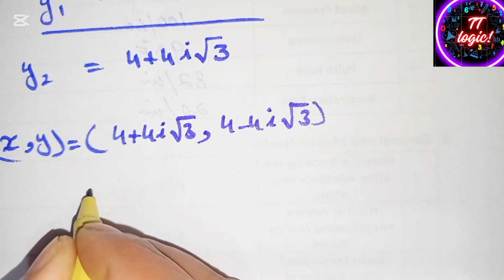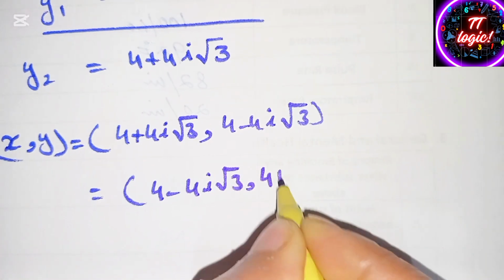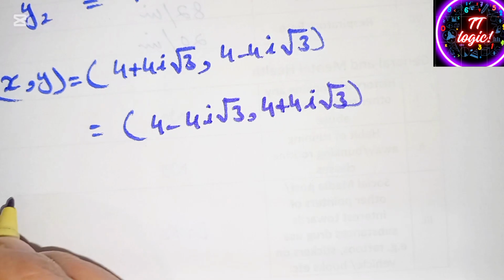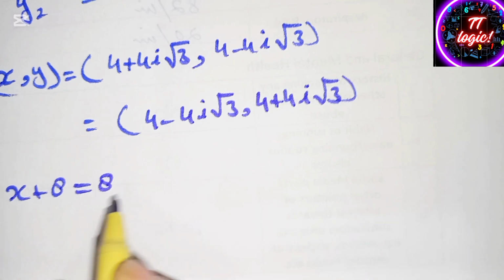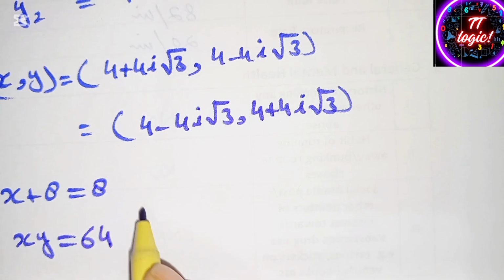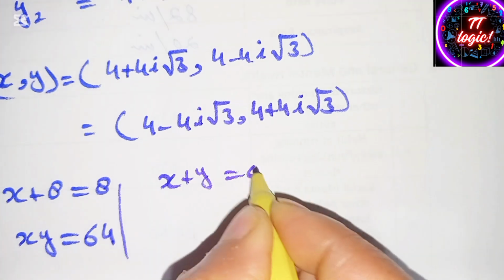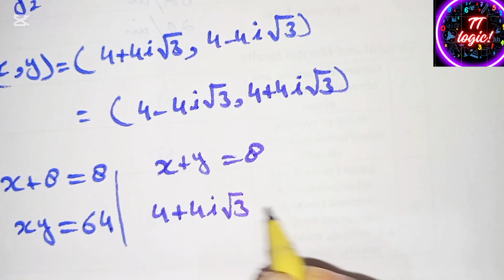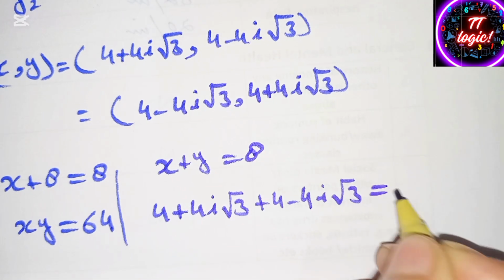Now we verify that x plus y is equal to 8 and xy is equal to 64. x plus y is 4 plus 4i square root 3 plus 4 minus 4i square root 3, which is equal to 8.